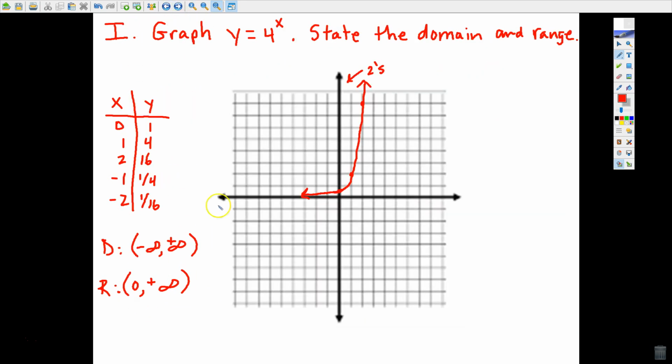I didn't show it there, but you could use the inequality such as f of x is greater than 0, okay, not including 0. So either one of these would be okay to state the range. And that would be your answer to this homework problem.